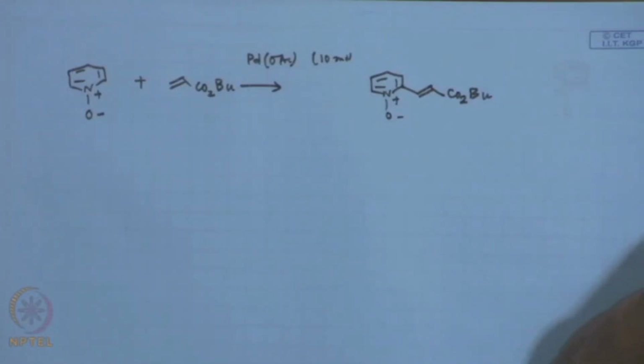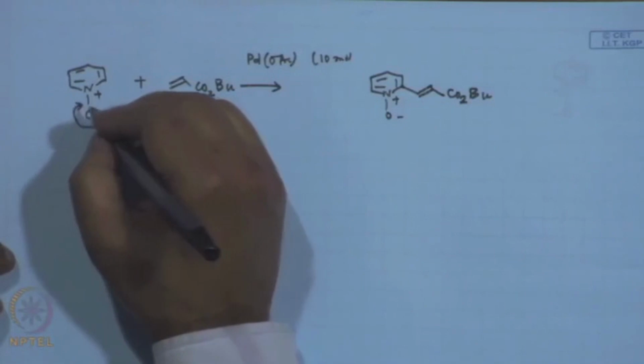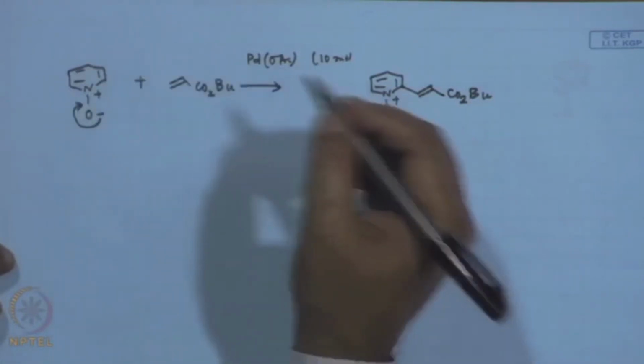It is a kind of special case, probably the increased electron density in the ring, all due to the electron delocalization of the oxygen minus, as all of us know.